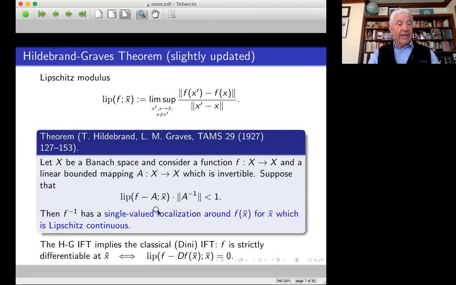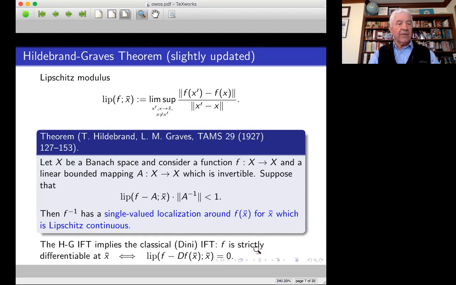Of course, if A is the strict derivative of f at x bar, which means that this Lipschitz modulus here will be 0, then this condition will be automatically satisfied. And we get the classical Dini inverse function theorem.